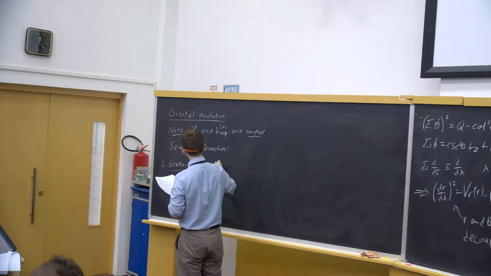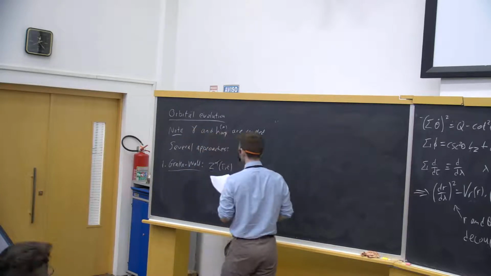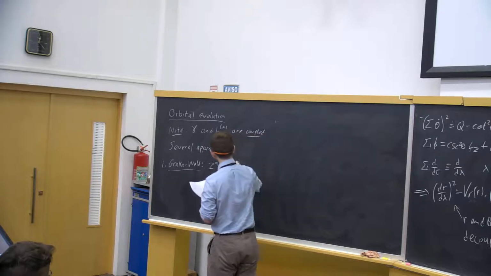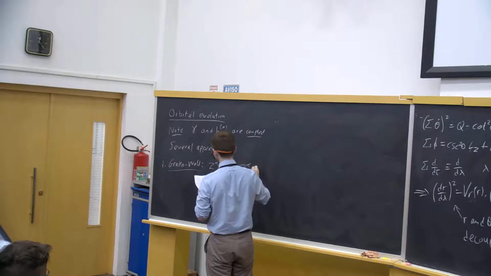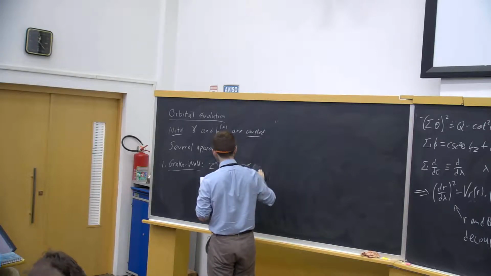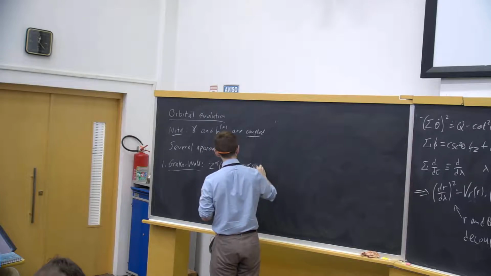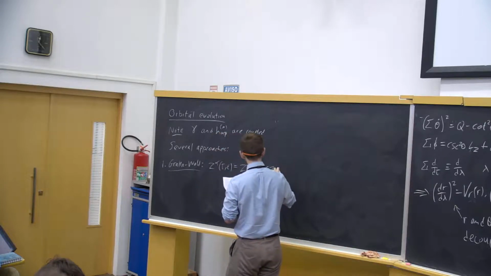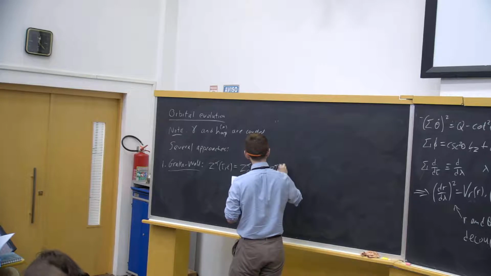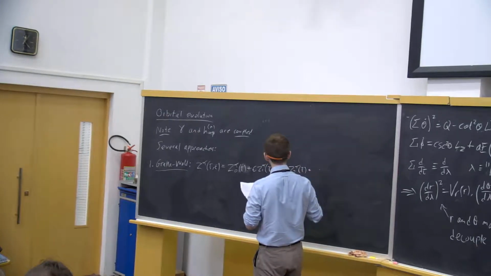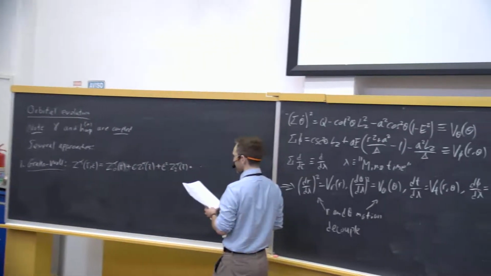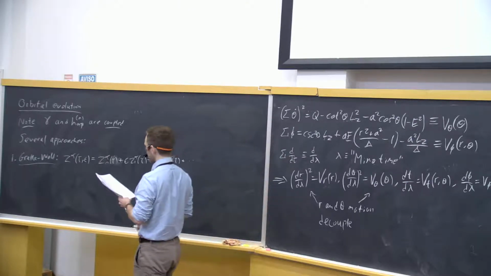So what they do is they take the coordinates on the orbit and expand that in a Taylor series, where the different terms in this series have different geometrical interpretations.